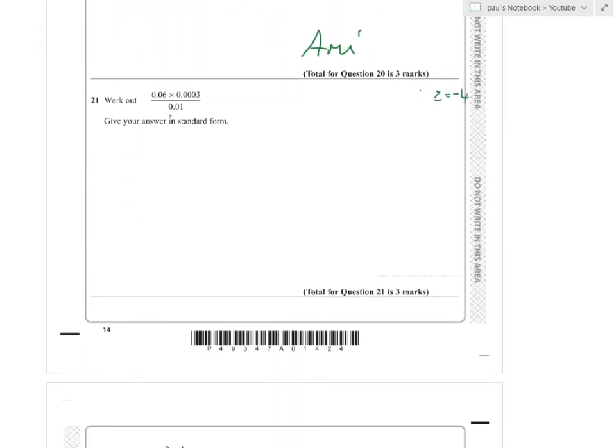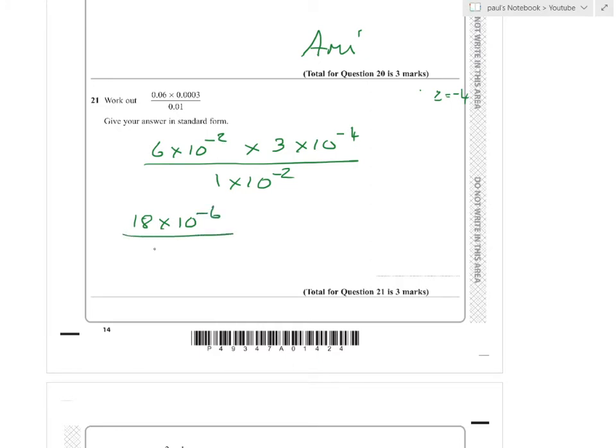Give your answer in standard form. So that is 6 times 10 to the minus 2 times 3 times 10 to the minus 4, divided by 1 times 10 to the minus 2. 3 sixes are 18, so I get 18 times 10 to the minus 2 and minus 4 is minus 6, divided by 1 times 10 to the minus 2.